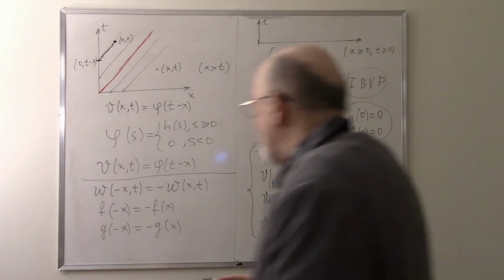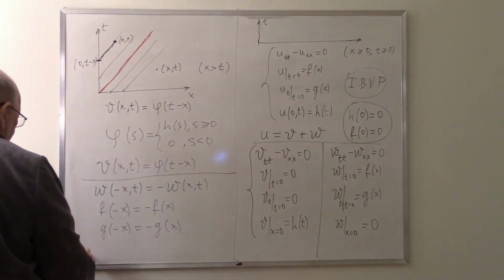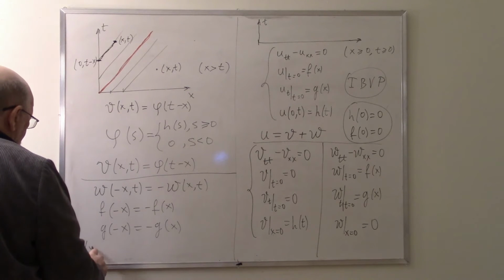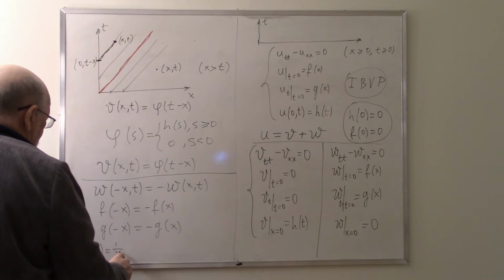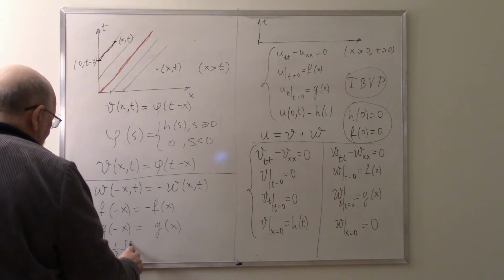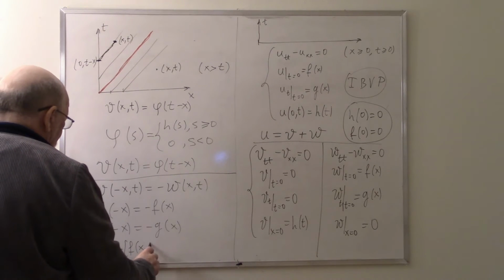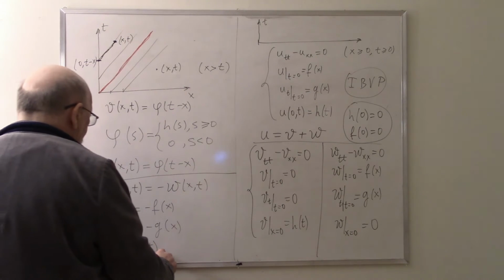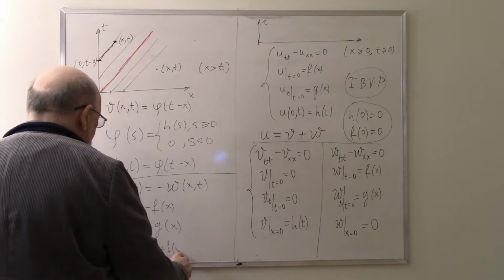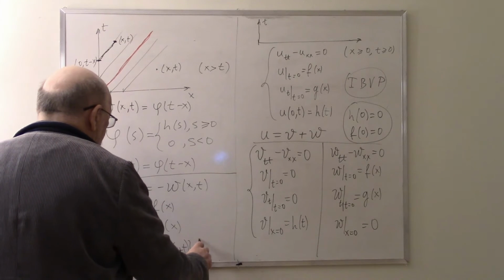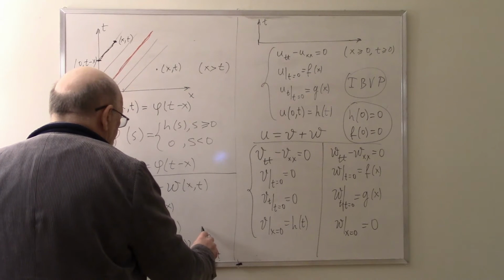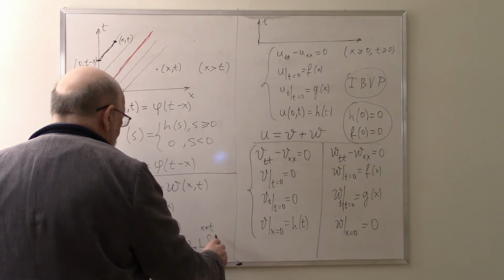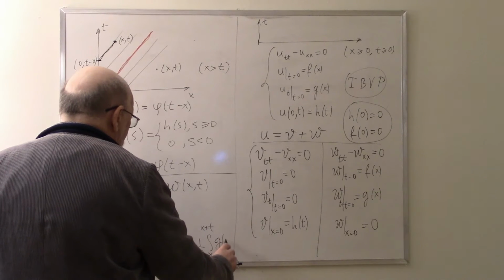Then you write w of x, t equals 1/2 of f of x minus t plus f of x plus t, plus 1/2 the integral from x minus t to x plus t of g of y dy.